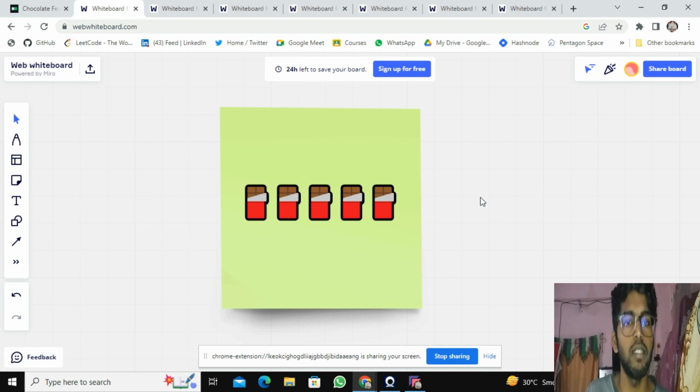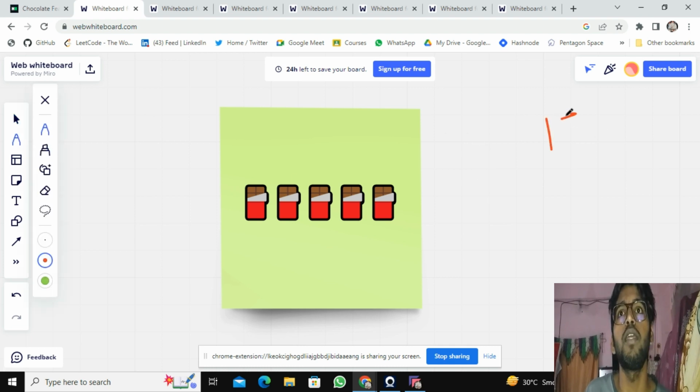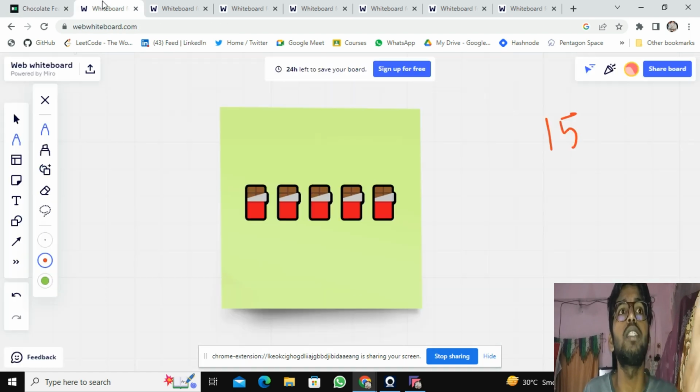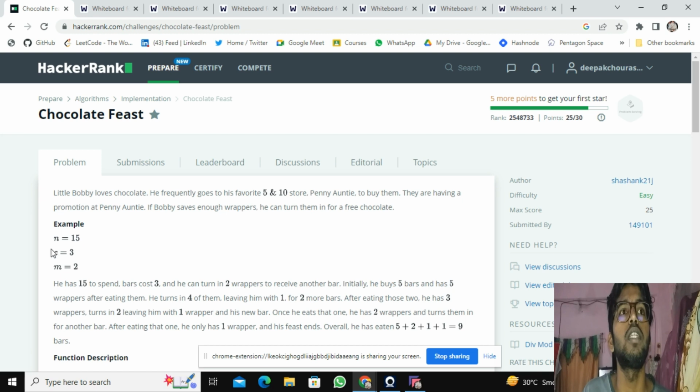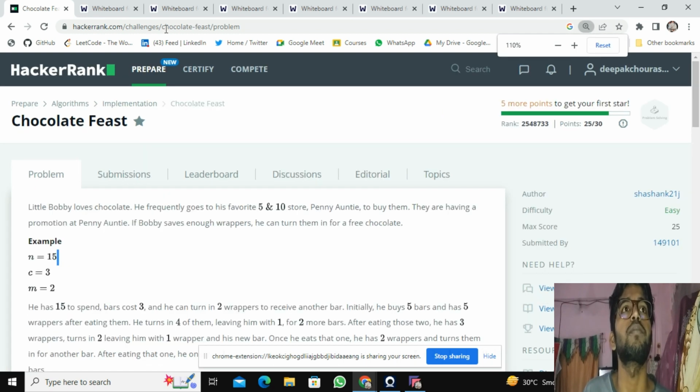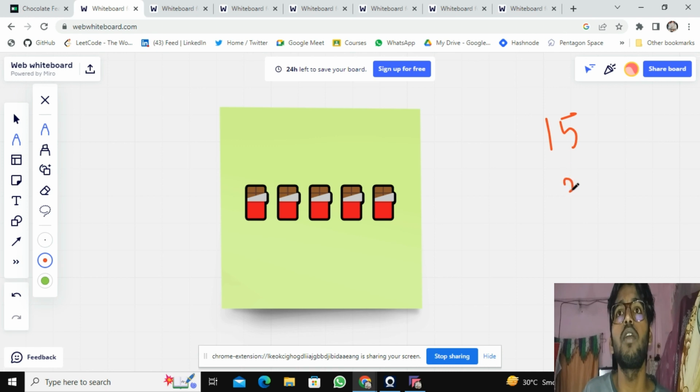Each bar costs 3 rupees. So how many chocolates will I get? Divide it. That is simply 5 chocolates I can buy from these 15 rupees.